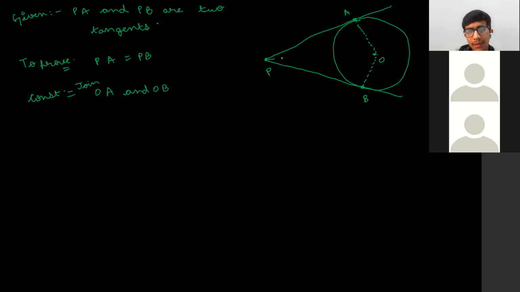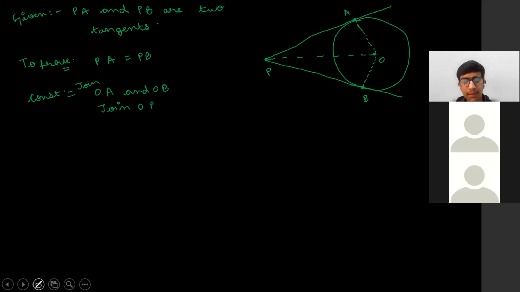Also, I'm joining this line, OP. So can anybody tell me how we can prove PA equal to PB? A random guess, it's not necessary that it is right. Yes Abhishek.